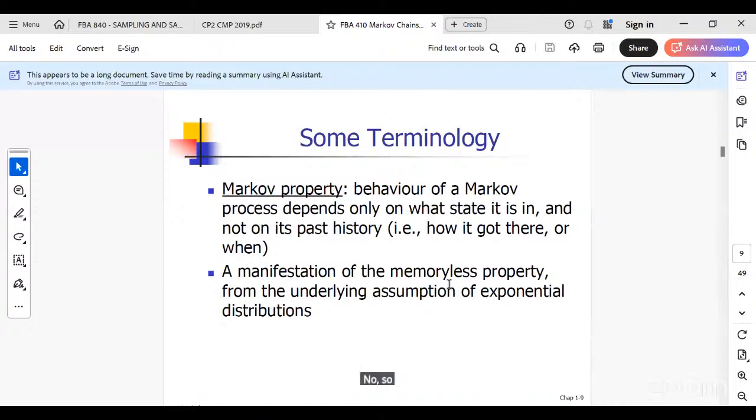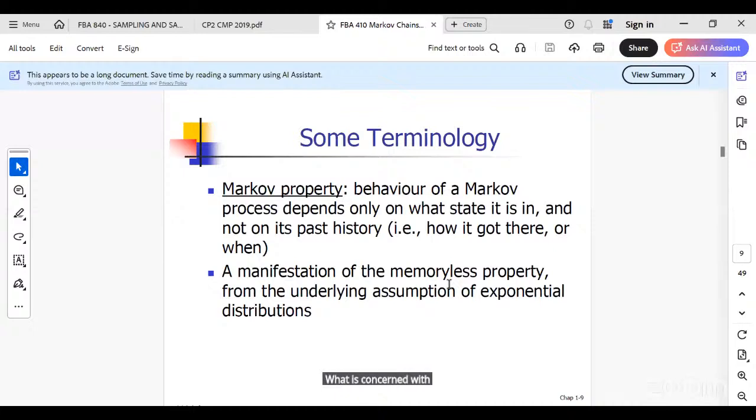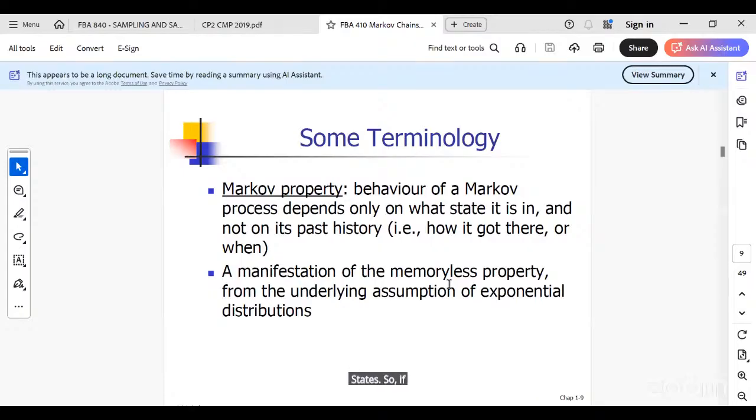No. What they will do is to penalize that customer to a lower level discount, or keep him at 0% discount. So that kind of process is memoryless. That process doesn't keep memory at all. It doesn't keep historical antecedent. What is concerned with is your current status. The current status will then be used to determine the next state. So if you have that kind of process, you will say that process has the Markov property.